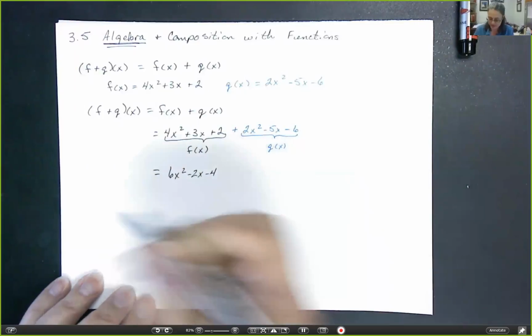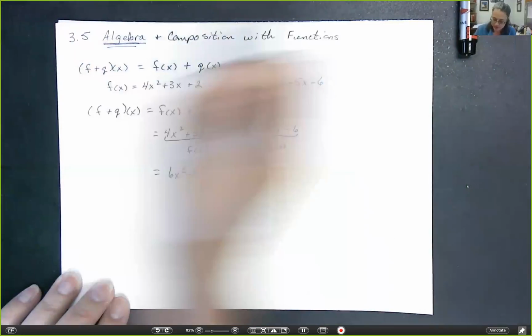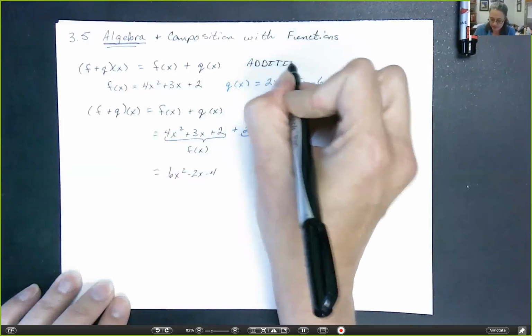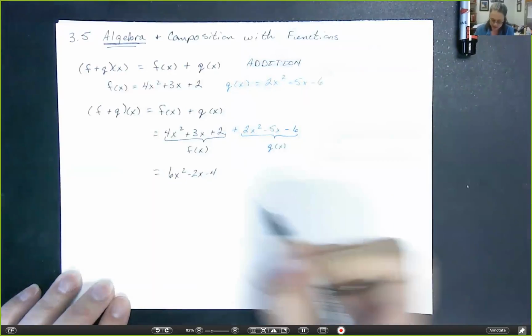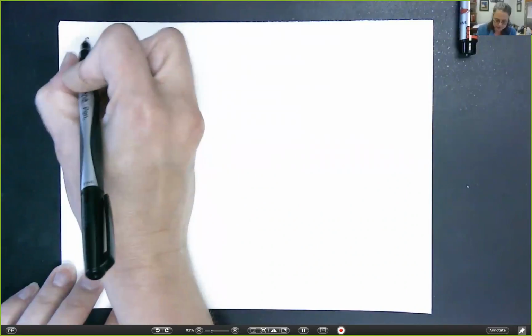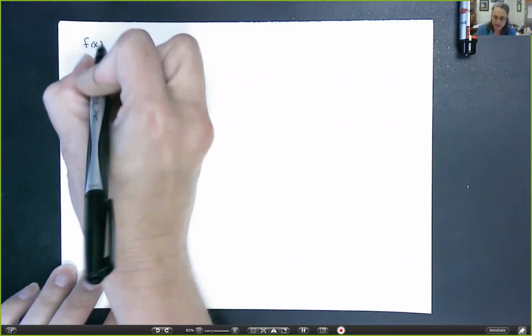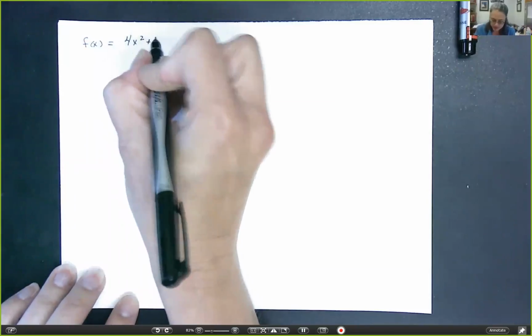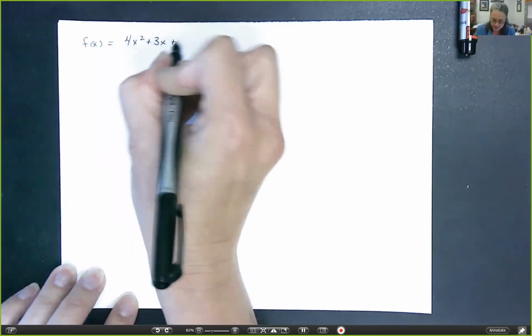Let's try subtraction. We did addition, now let's try subtraction. Let's stick with our same two functions. We're going to let f of x be defined as 4x squared plus 3x plus 2.